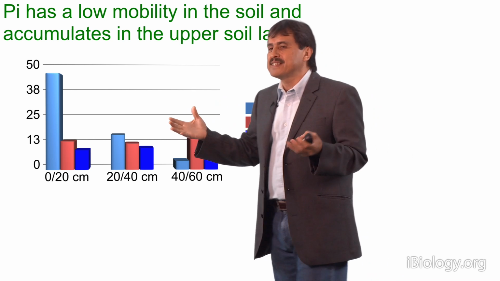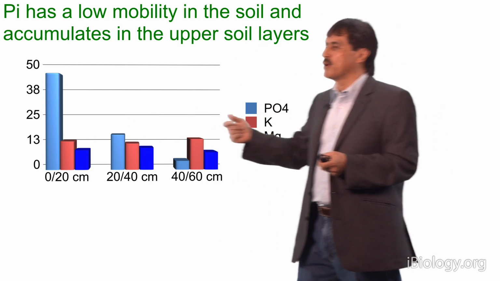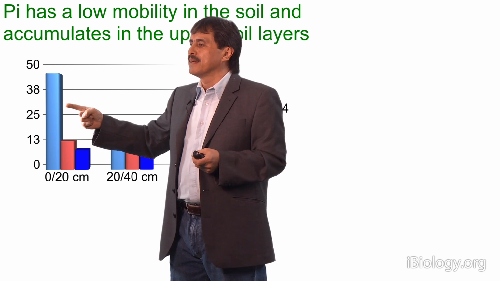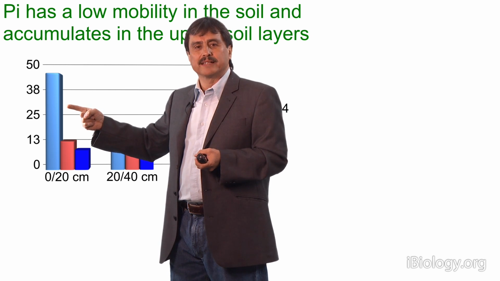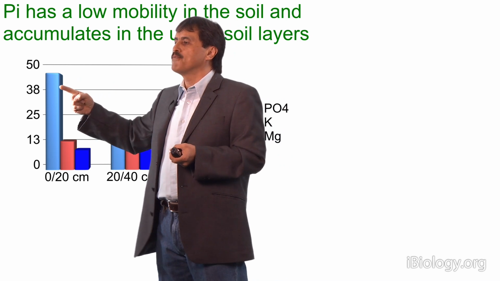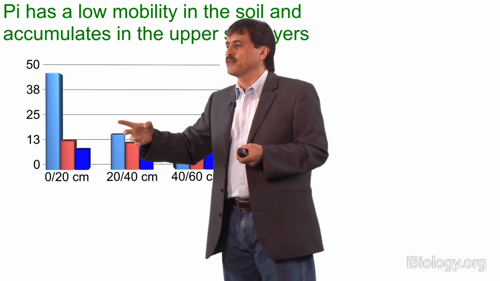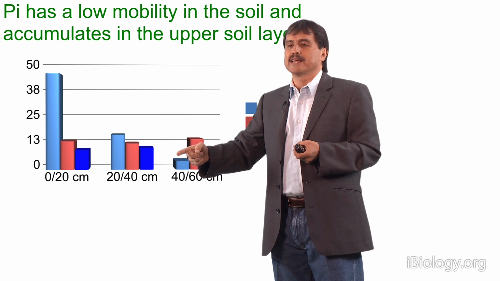So why is there this change? How do we explain why these plants react in this way? Well, the possible explanation is that phosphate, because it has a low mobility, accumulates in the upper layers of the soil. So in the first 20 centimeters, we have high concentrations of phosphate. If we go 20 centimeters below, we have less phosphate. And if we go 40 centimeters below the ground, then we have much less phosphate.